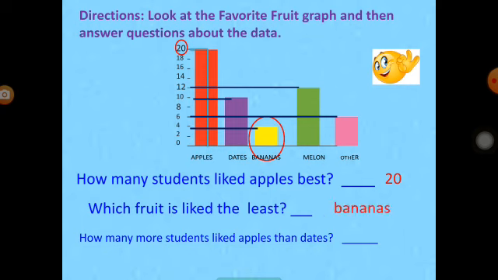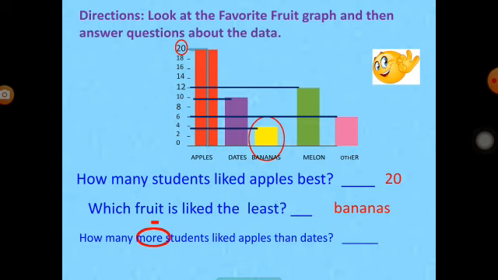The next question. How many more students liked apples than dates? Here I have a keyword, and we must know it carefully. When I see the word more, here I'm going to do minus. So when I see the word more in my bar graph question, I'm going to do minus.